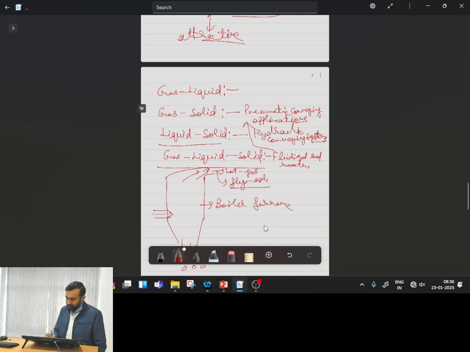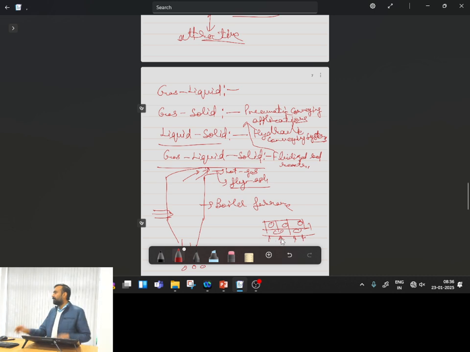how does this work? Say here I am having some wire mesh kind of arrangement. On this wire mesh I have placed the solid fuels, solid particles, and from the bottom I have provided the gas. Once I provide gas from the bottom, I choose the gas velocity in such a way that it suspends these solid particles.